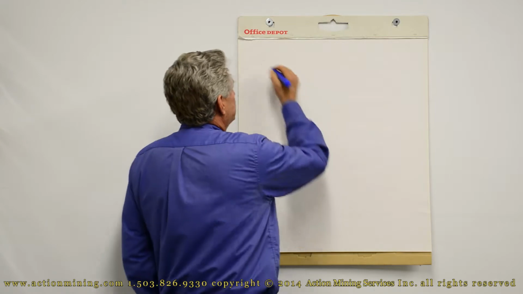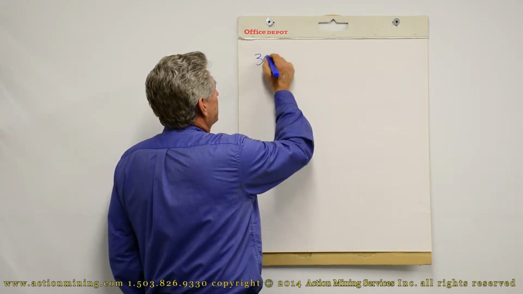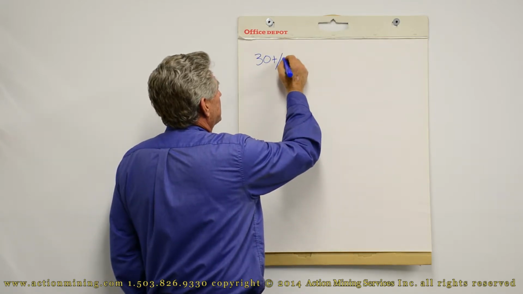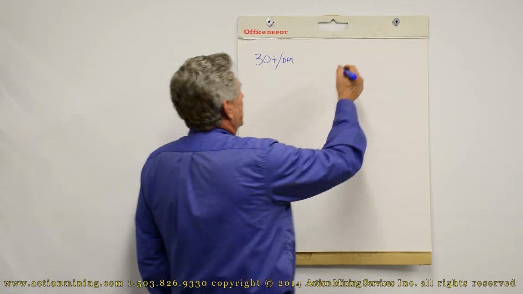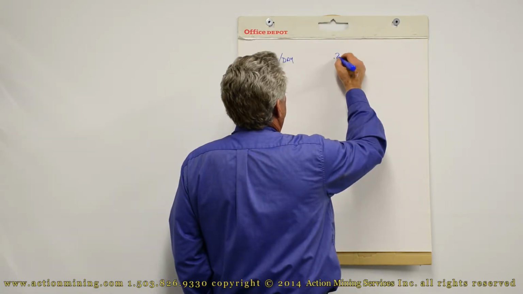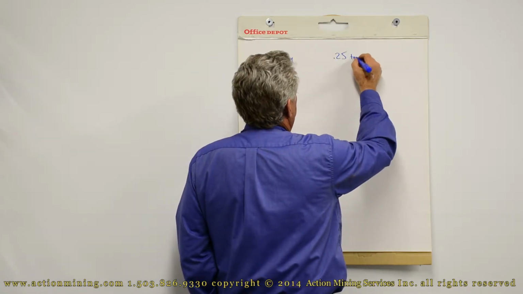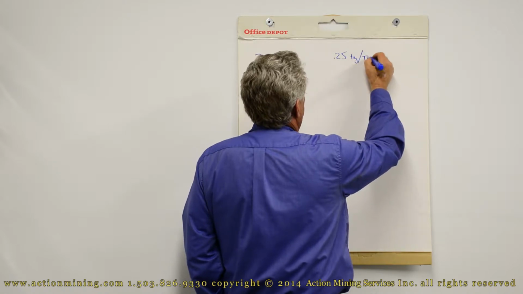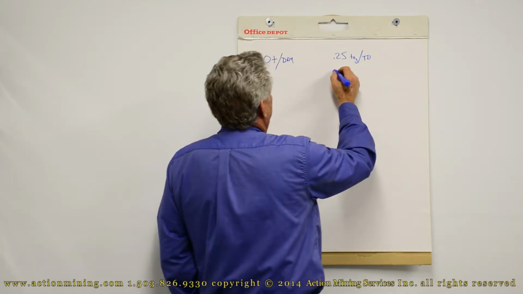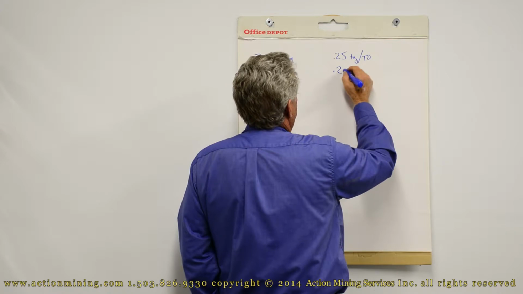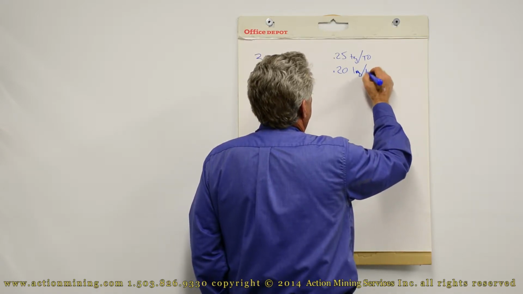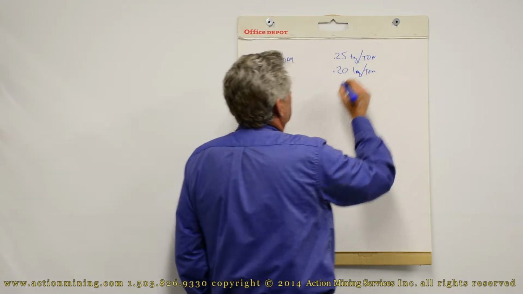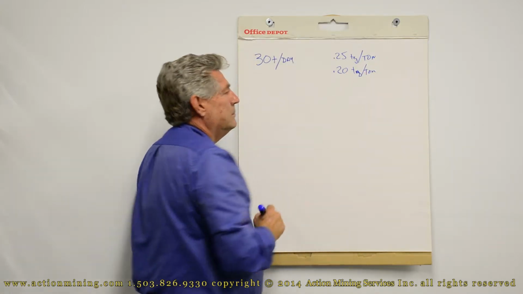Instead of 20 tons a day, we want 30 tons out of it. But instead of getting a quarter troy ounce per ton, we're now down to less per ton.